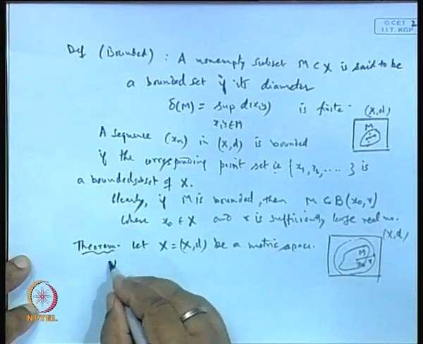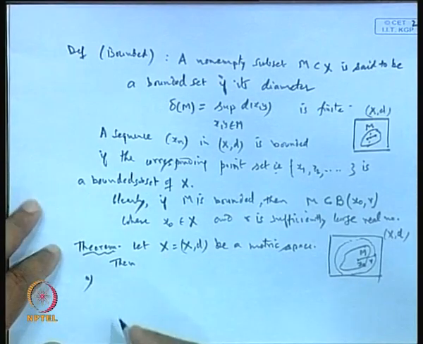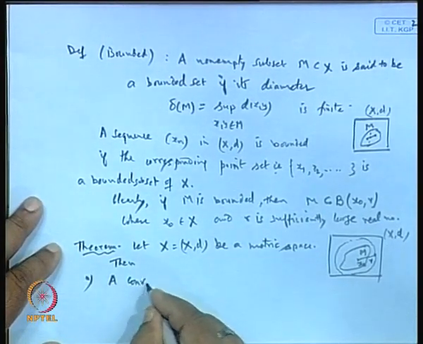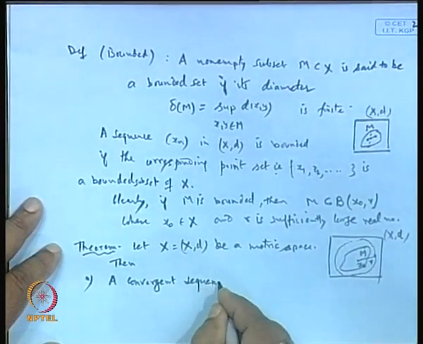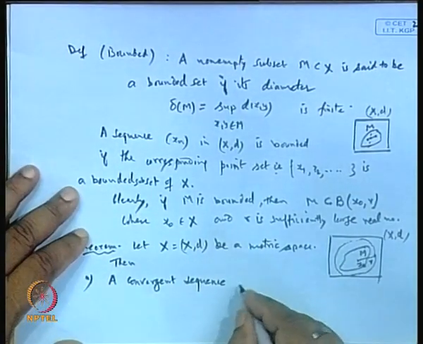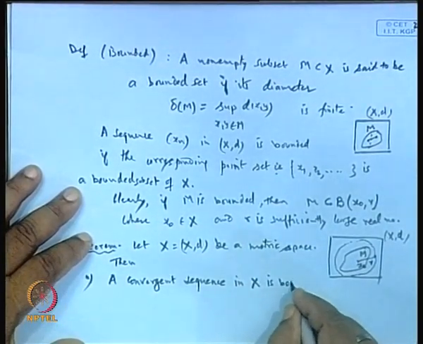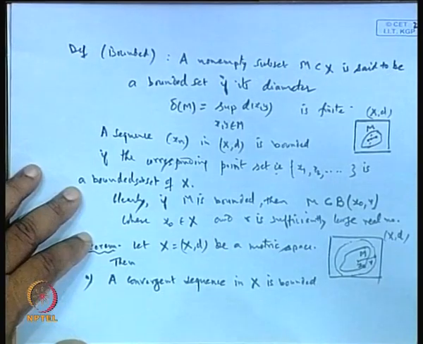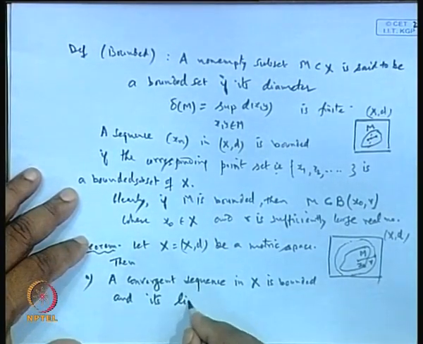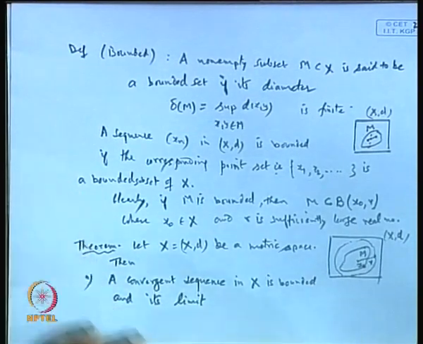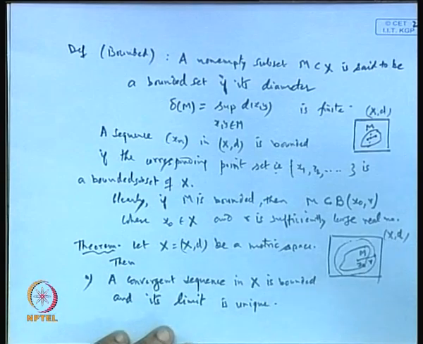Then the following holds: a convergent sequence in X is bounded and its limit is unique. This is the first assertion we make.